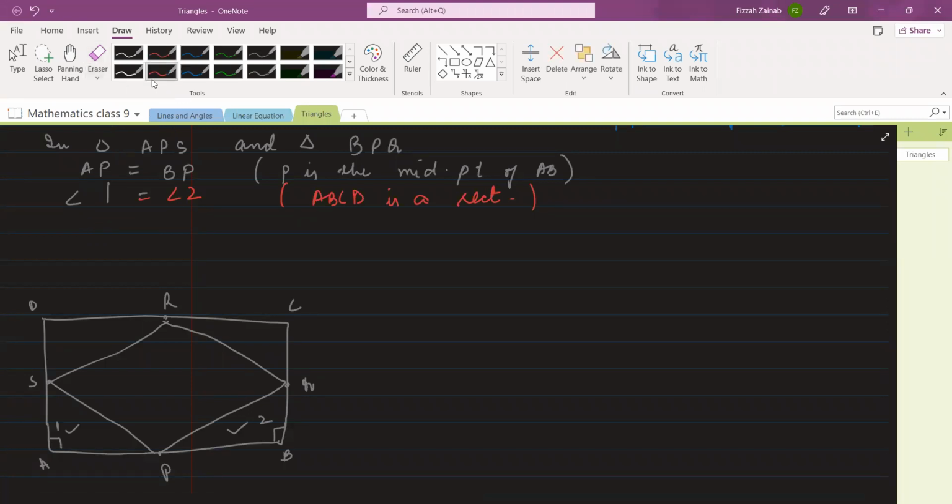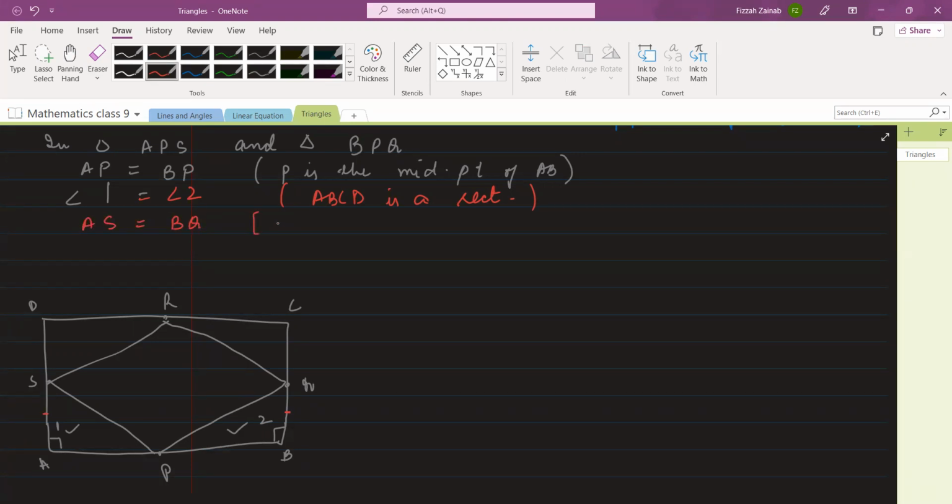What else can I say here? This side I can show, right? Already the full side AD is equal to BC because it's a rectangle. So half of AD will be half of BC. I can say that AS is equal to PQ, right?